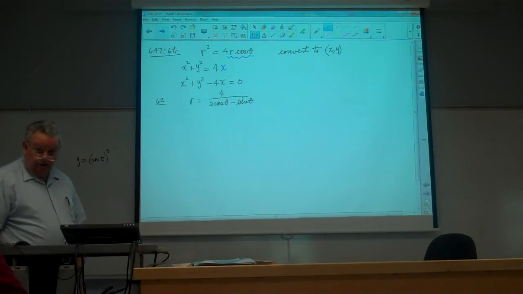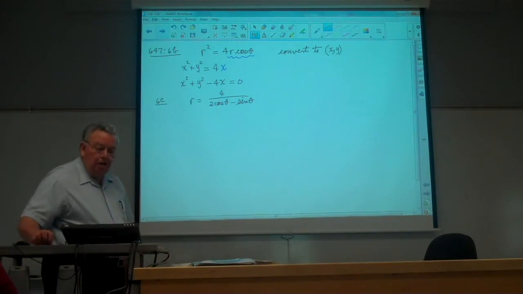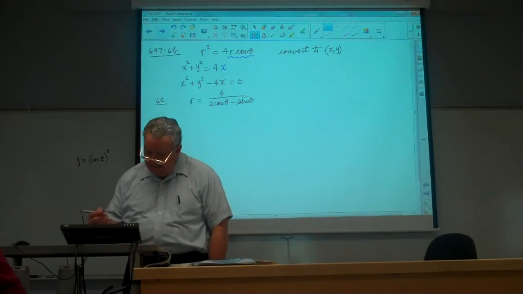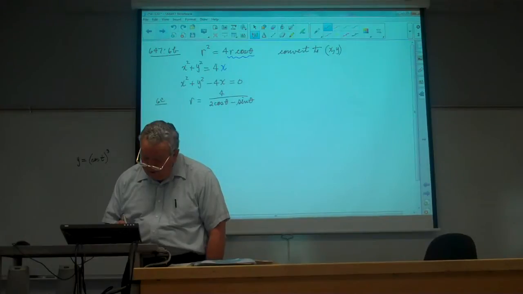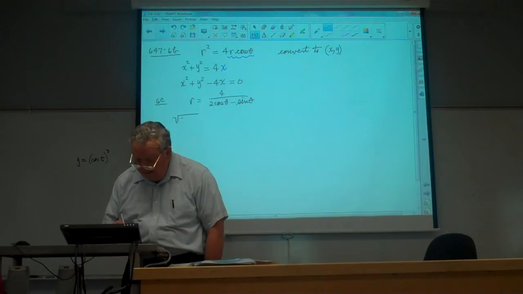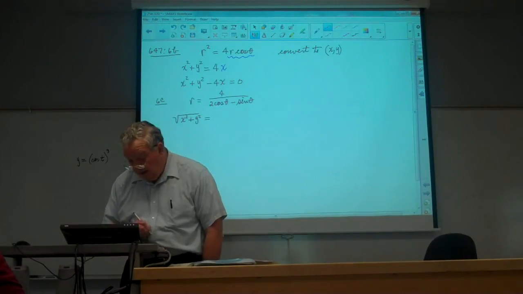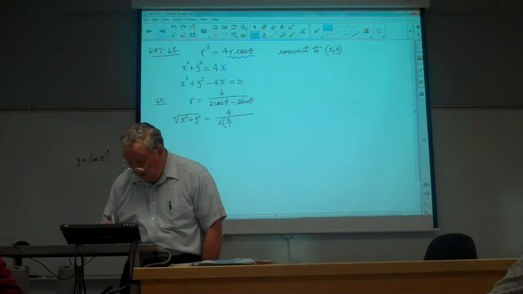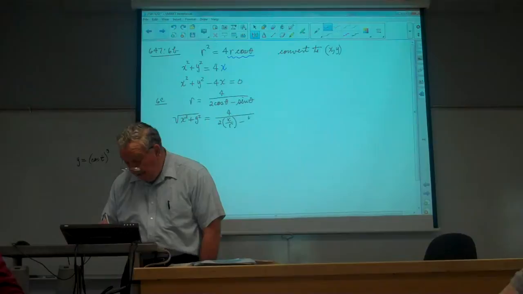What I think I'd do is I'm going to just start slugging it out. And that is, I think, that the square root of x squared plus y squared is equal to 4 over 2 times x over r minus y over r.